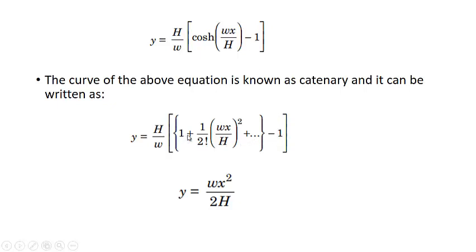This 1 and 1 will cancel out. It will be equal to 1 by 2 w square x square divided by h square. When we multiply this by h by w, it will be equal to w x square by 2h. And this is one of the most important equations, and we are going to use mostly this equation in the coming sections. So this is actually the vertical distance of the conductor with respect to x. As we change x, we'll get the vertical distance.